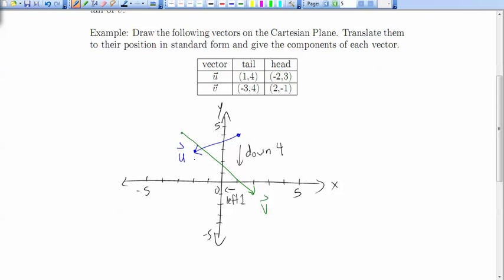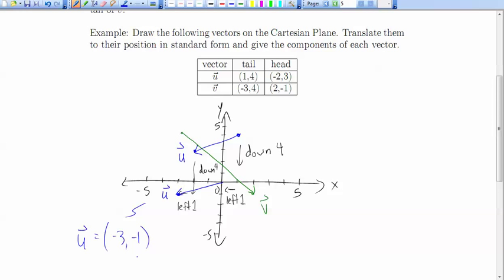So that means that my vector u, the head is going to be at -3, -1, and the tail is at the origin. Those vectors look like they are pointing in the same direction and the same length. But now u is in standard position, and I see that the components of u have to be -3, -1.